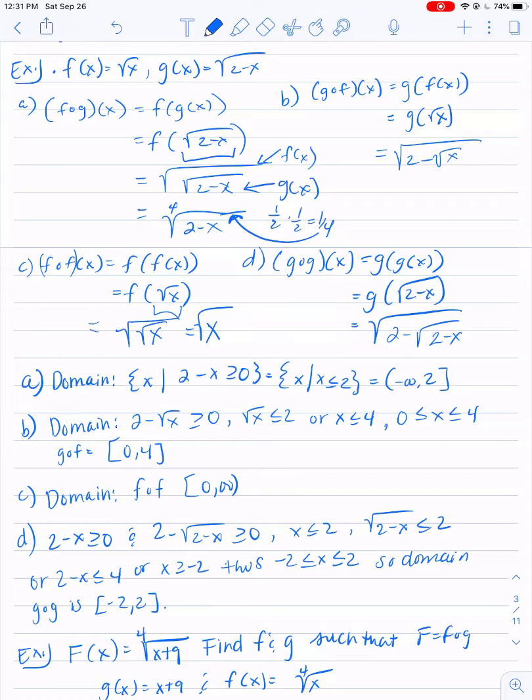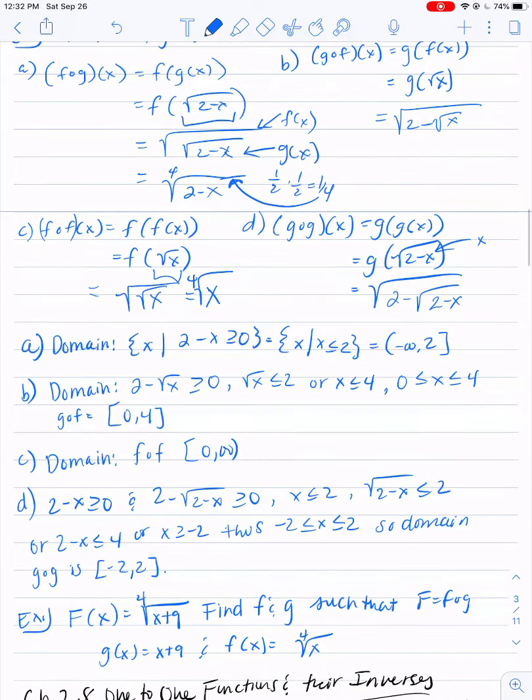So that's going to be x to the 1/4, the 4th root of x. Alright, so for D, we're doing g of g of x. And so we have square root 2 minus x. We're plugging it into itself, so we're plugging this in for every x. So we have square root of 2 minus square root of 2 minus x.